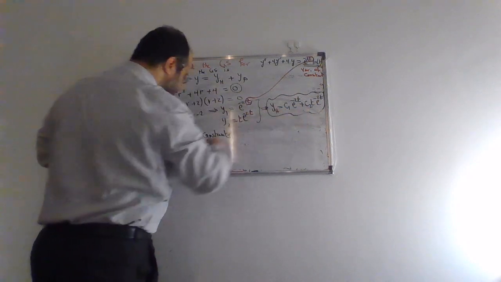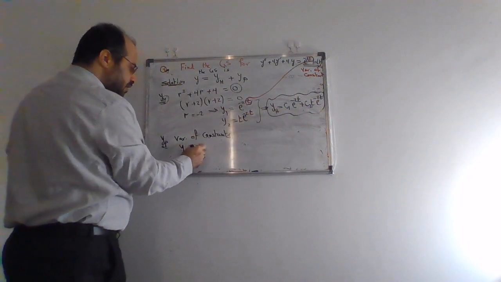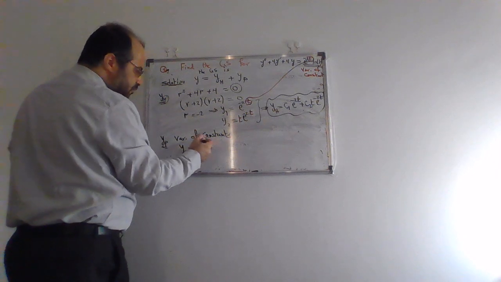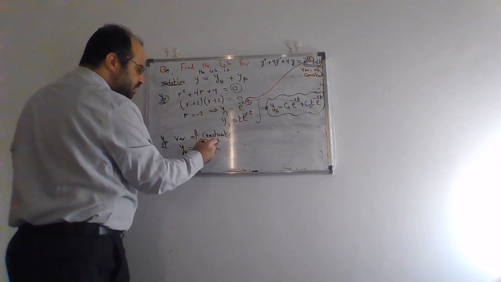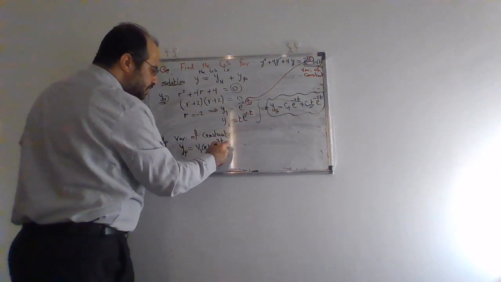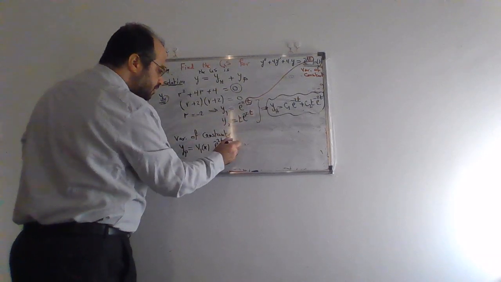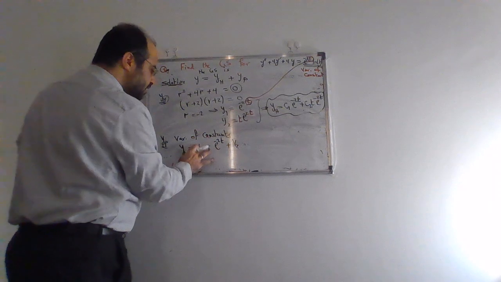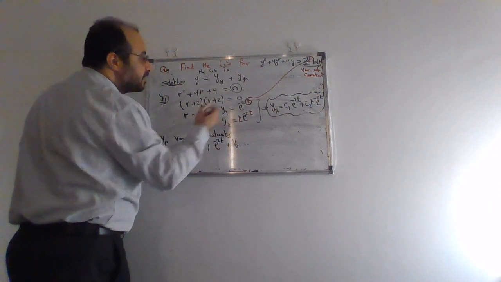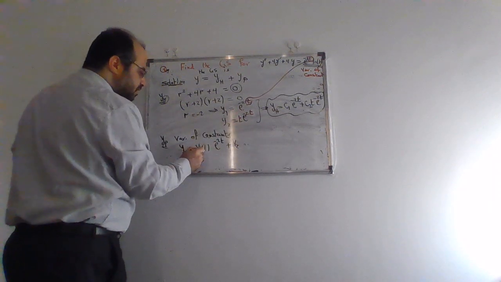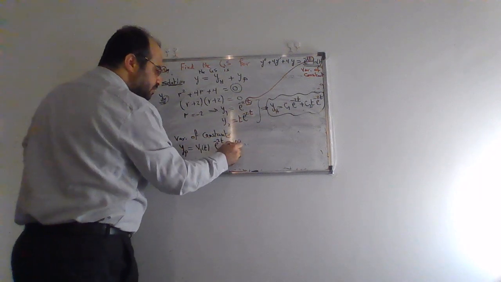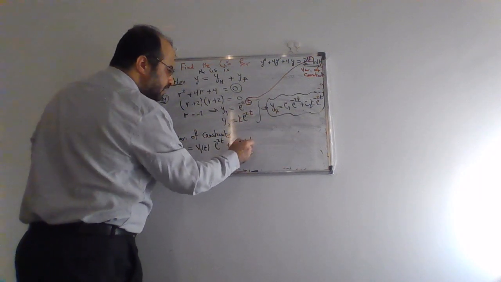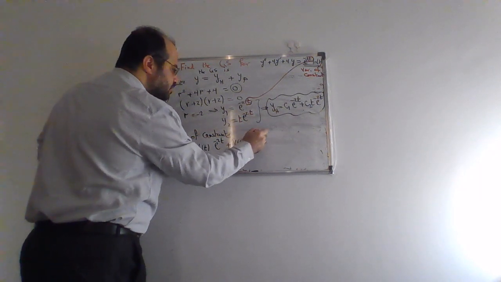So these are constants, now we have functions. V1 of t times e^(-2t), and the other one, we have no C2 now, V2 of t, times t times e^(-2t).